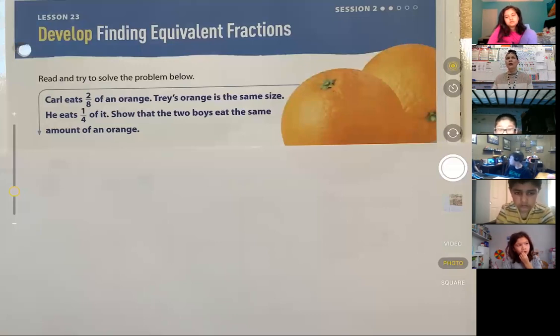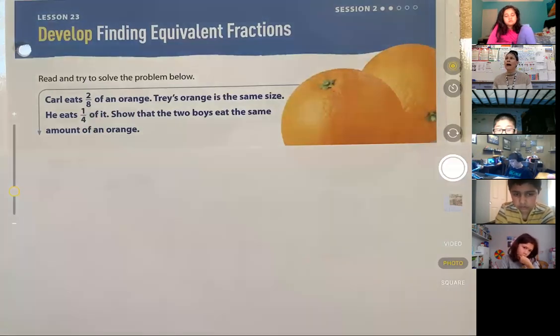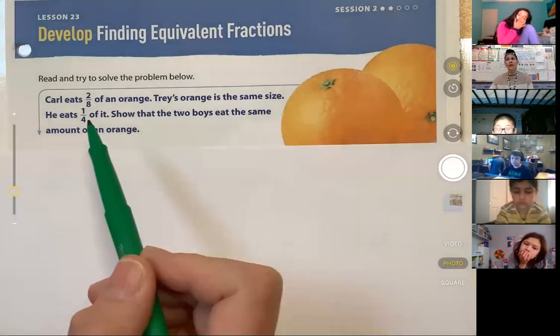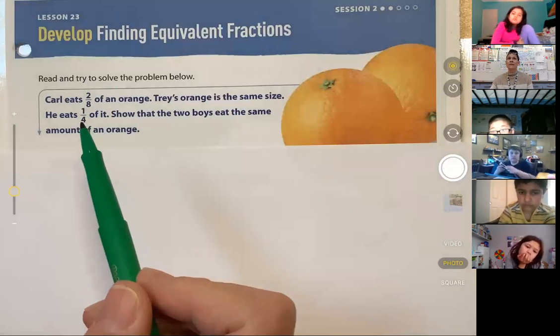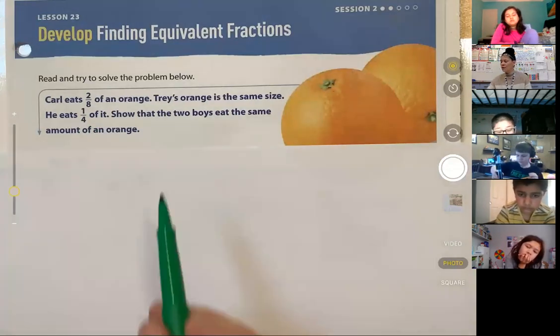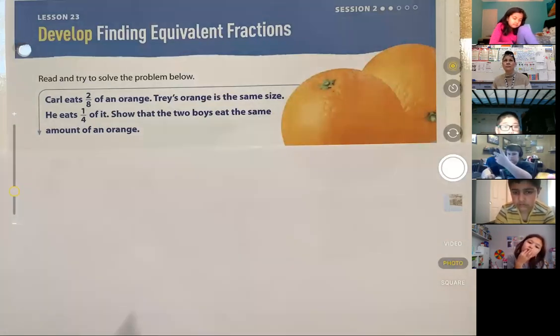So I need to draw Carl's orange with 8 pieces. How do I know? Because the problem tells me that. I need to model Trey's orange in 4 pieces. How do I know? Because the problem tells me that. And I need to show that the two boys eat the same amount of an orange.